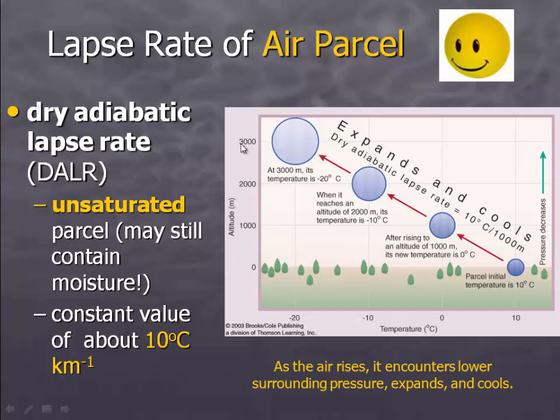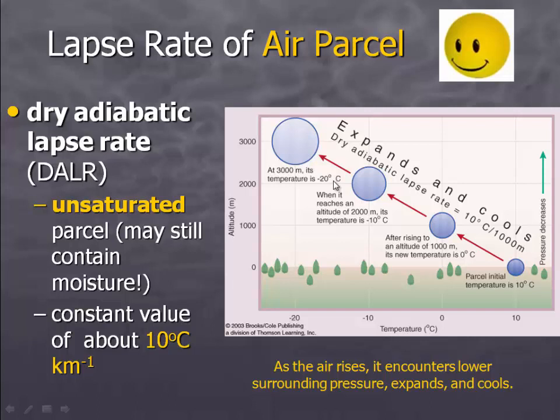By the time I get to 3 kilometers or 3,000 meters, the temperature of the parcel has decreased to minus 20 degrees Celsius from its initial state at 10 degrees C. So basically up 1 kilometer, down 10 degrees Celsius. Up 1 kilometer, subtract 10. Up 1, subtract 10, etc.